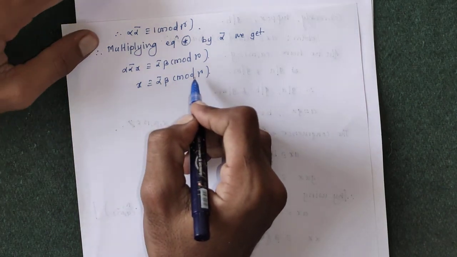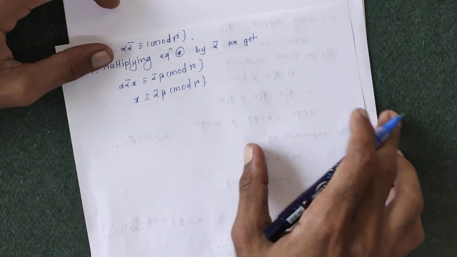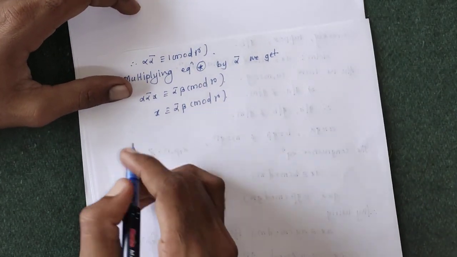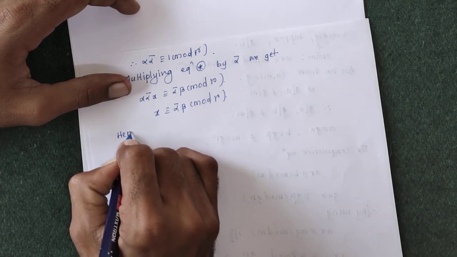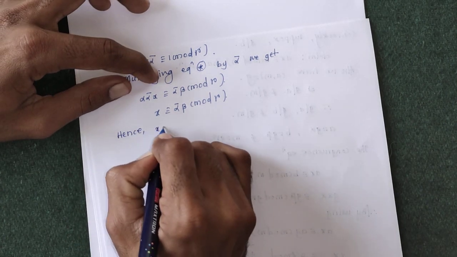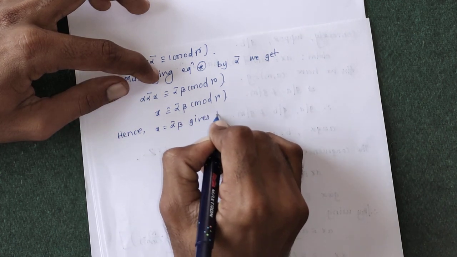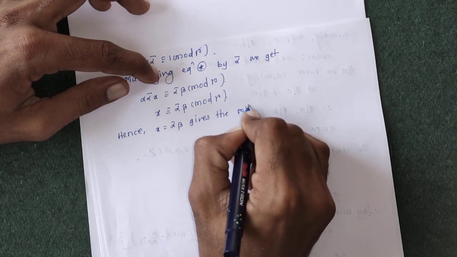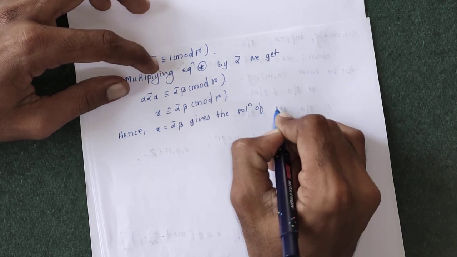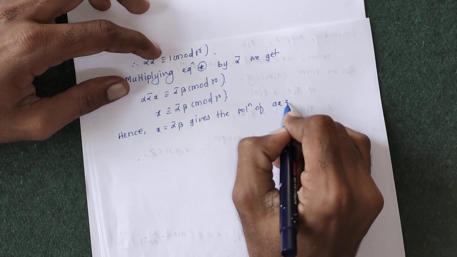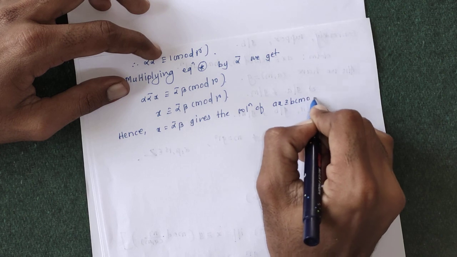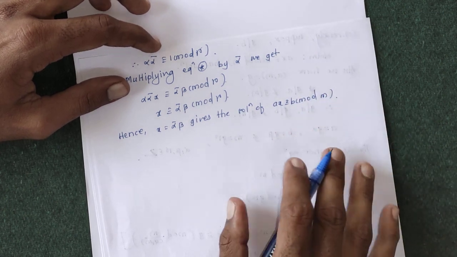This satisfies the congruence, hence x equals alpha bar beta gives the solution of ax is congruent to b mod m.